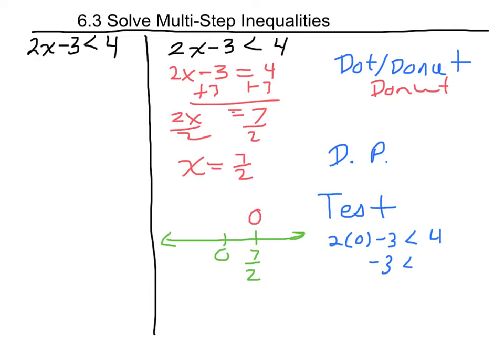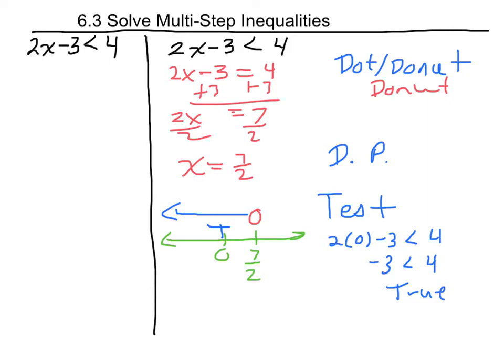Negative 3 is less than 4. That is a true statement, which means the side that has 0 on it is true, so the arrow is going to be going in that direction. The arrow always goes toward the true side.